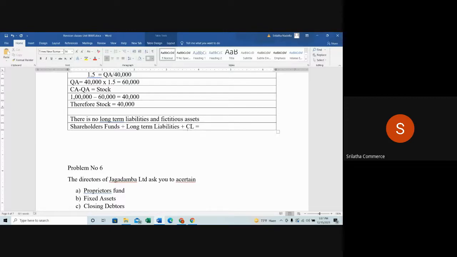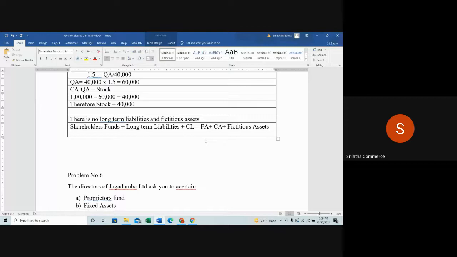Total assets will be fixed assets plus current assets. No fictitious assets, he said. Long-term liabilities is 0.